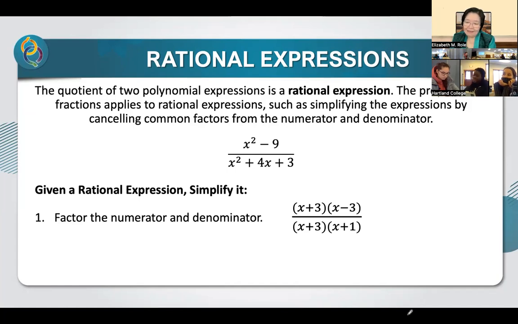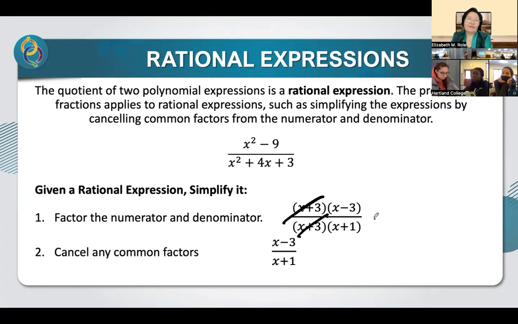Then you can just cancel the common factors. The final answer will be x minus 3 over x plus 1. So that's what it is for rational expressions: just use our understanding of factoring to simplify them.